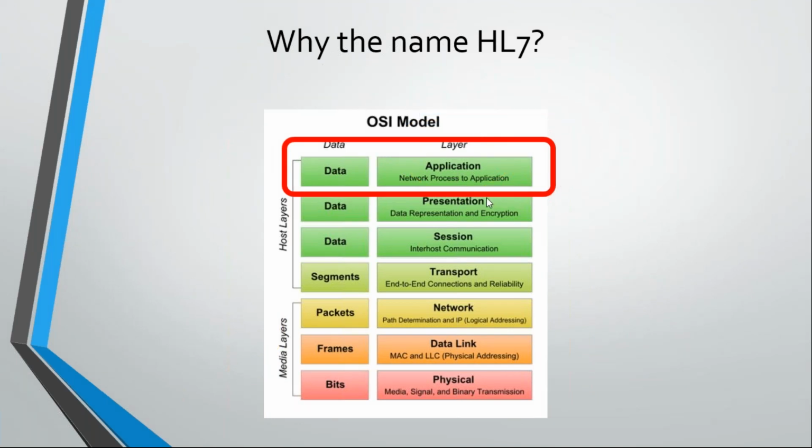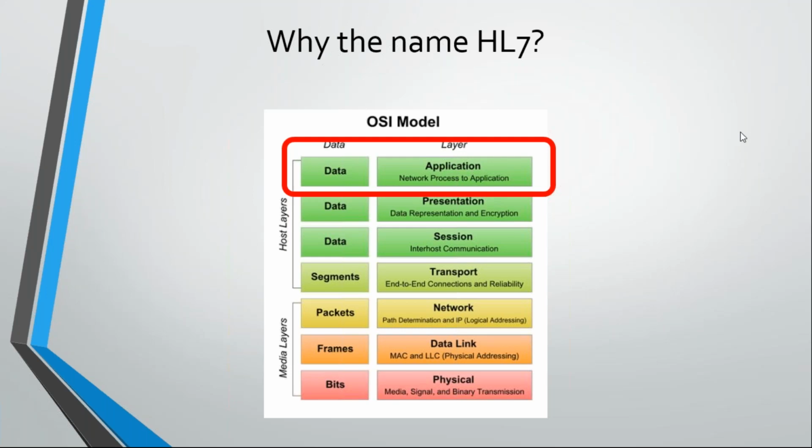So HL7 operates in the application layer, which is the 7th layer of the OSI model, which is why the name HL7 has been given. HL7, as the name itself suggests, is Health Level 7. As the level 7 application layer is being used, the name has been given behind that. So that is the reason why we see the name as HL7.